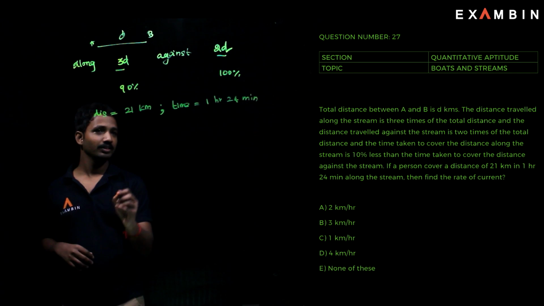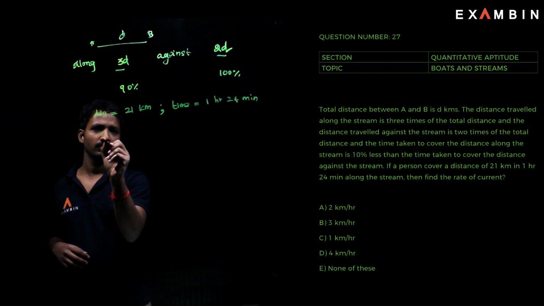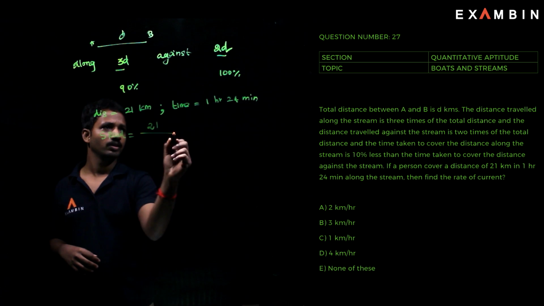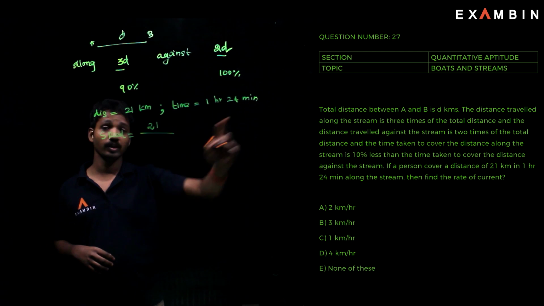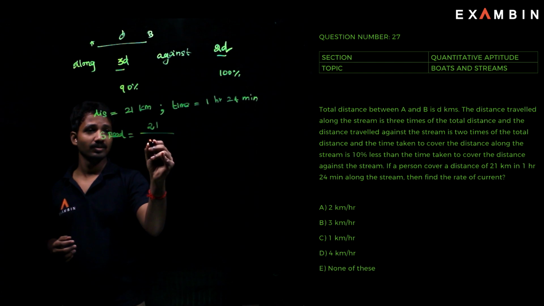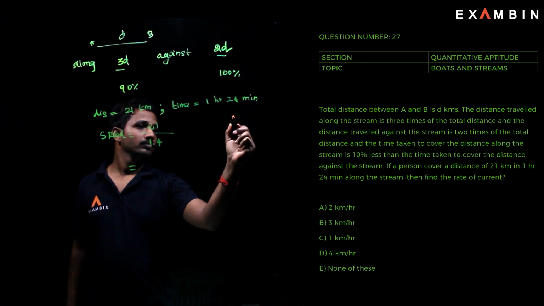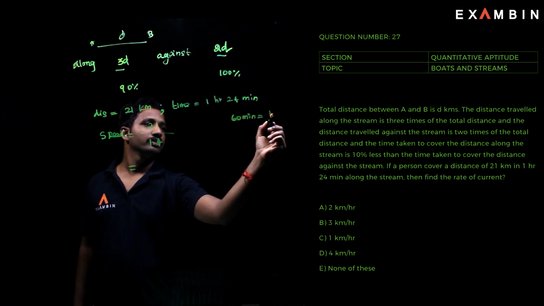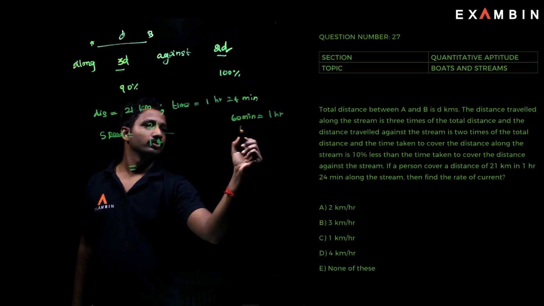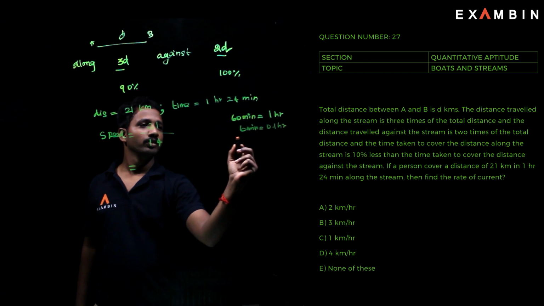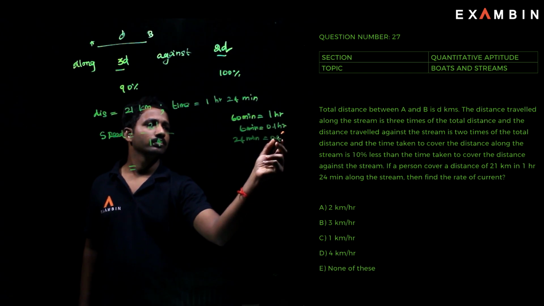So speed is equal to distance by time. We can find that. Speed would be distance 21 divided by time. 1 hour 24 minutes can be written as 1.4 hour. 60 minutes is equal to 1 hour. So 6 minutes would be 0.1 hour. 24 minutes would be 0.4 hours.